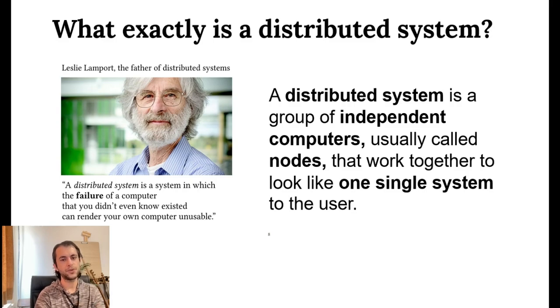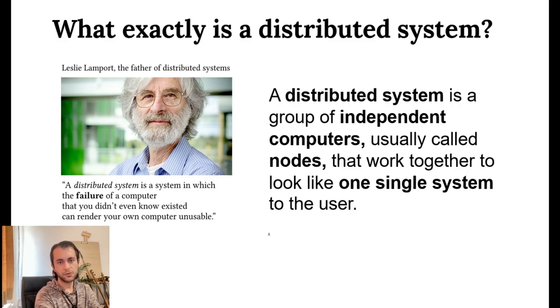this is a more technical and formalized definition of a distributed system. A distributed system is a group of independent computers, usually called nodes, that work together to look like one single system to the user, just like your nice ice cream shop.